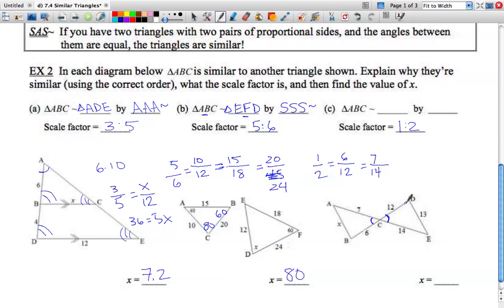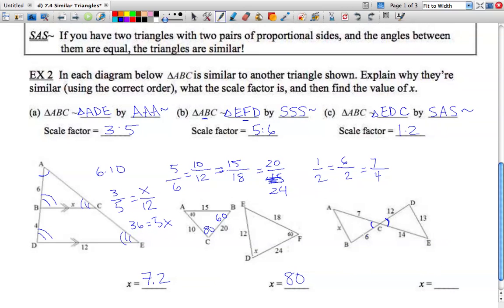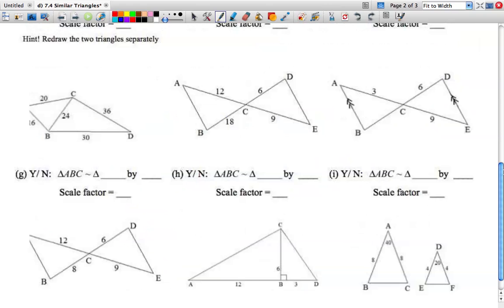So it'd have to go from 12 to 14, and C has to be at the end because angle C we know is congruent to angle C. So it would be EDC. And the reason is side angle side similarity. And finding side length X, let's hold off. You guys do that, and we'll talk about that in class, next class.